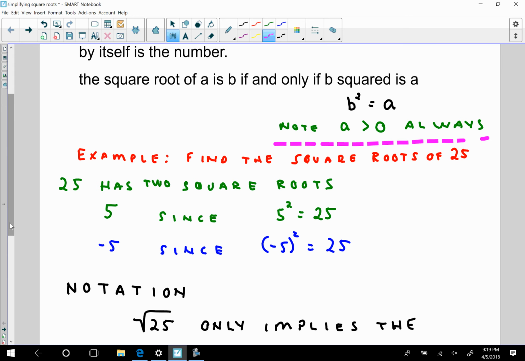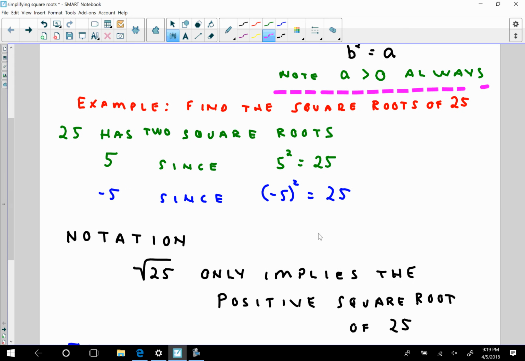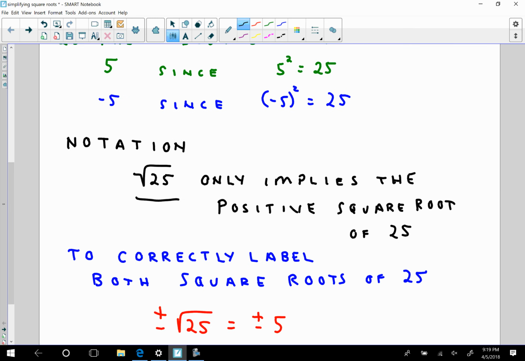So we need something to denote a square root. The square root of 25, I think most of us are familiar with this notation, implies the positive square root of 25 and not the negative. So we want to make sure we understand that the square root of 25 is 5.